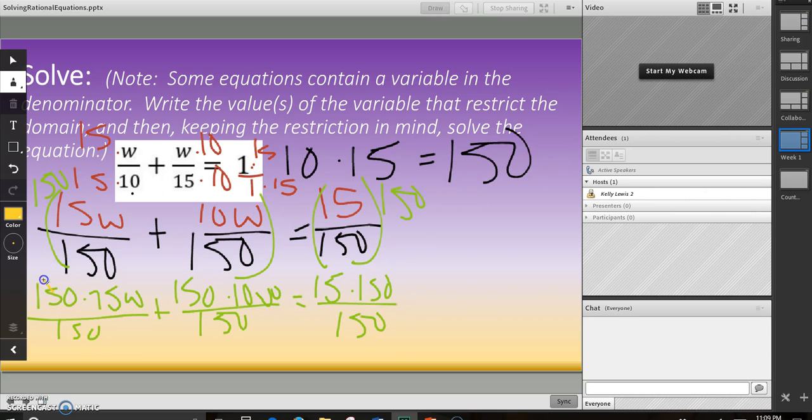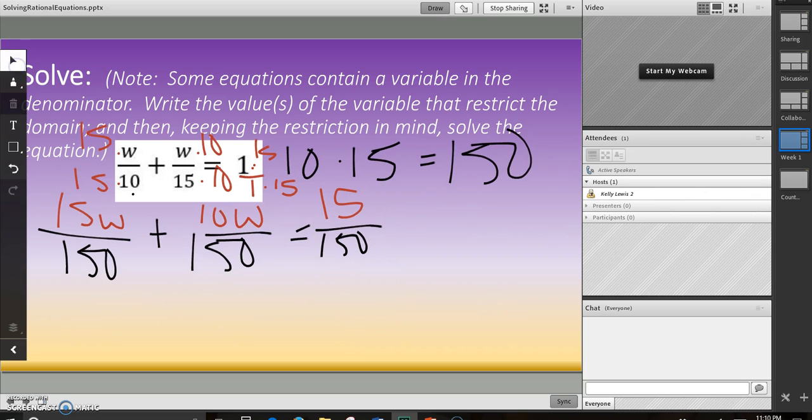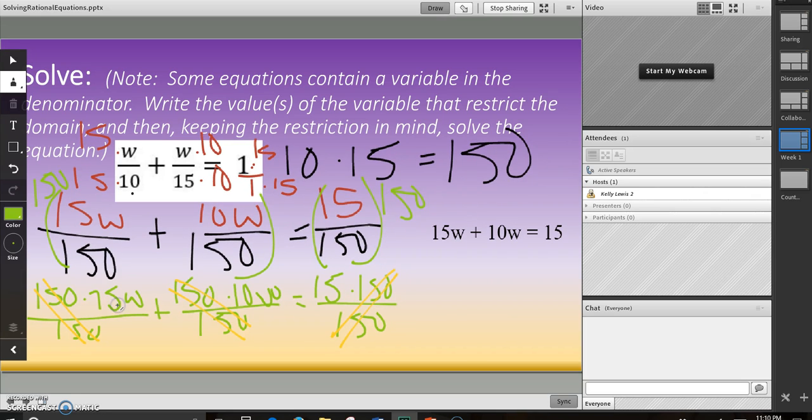And look, those cancel, those cancel, those cancel. So the only thing I have left is 15W plus 10W equals 150. All right, so the denominators just disappear. Once they are all the same, they delete.